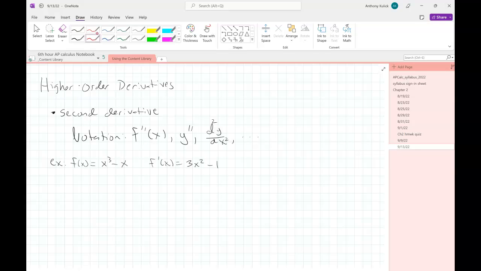Okay, all right. So here's my function f of x, here's my derivative. If I want the second derivative, I'm just going to do the limit, and instead of using f, I'm just going to use f prime.